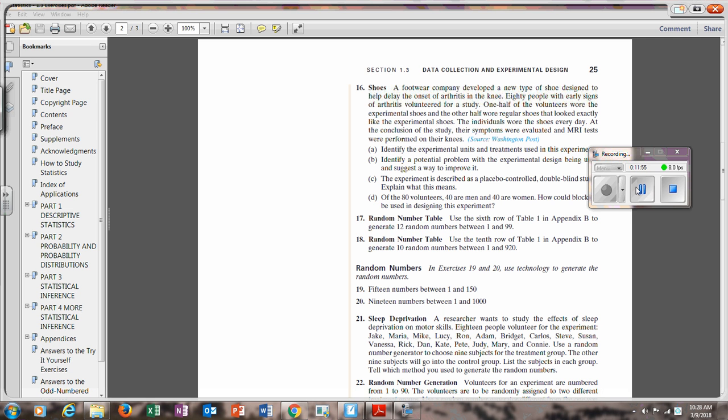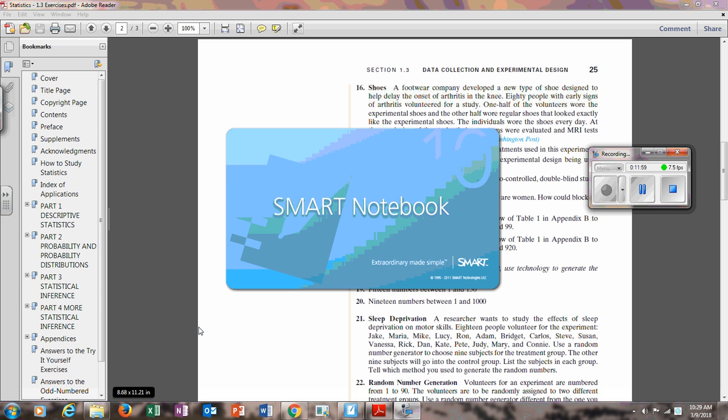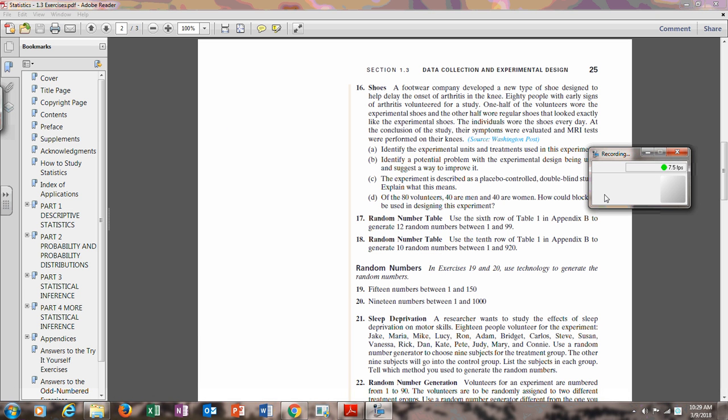Number 19. Again, I screwed up here because we don't have the technology to generate the random numbers. We actually do. You can do it on your graphing calculator. There's a thing called the random number generator. Since there's really no way for me to show you how to do that on a calculator, I can't really ask you to be able to do that.